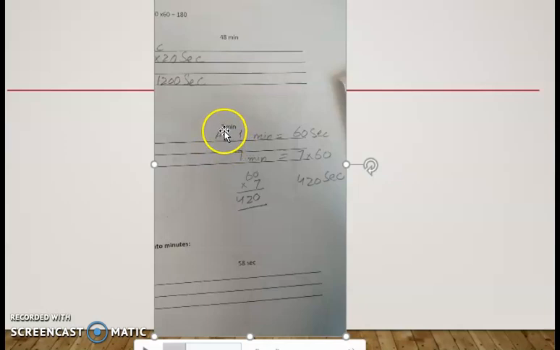Any number that comes here, if I have to convert to seconds, I will multiply by 60. Even if I want to convert hours to minutes, I will multiply by 60. Just the unit, second or minute, will change here.